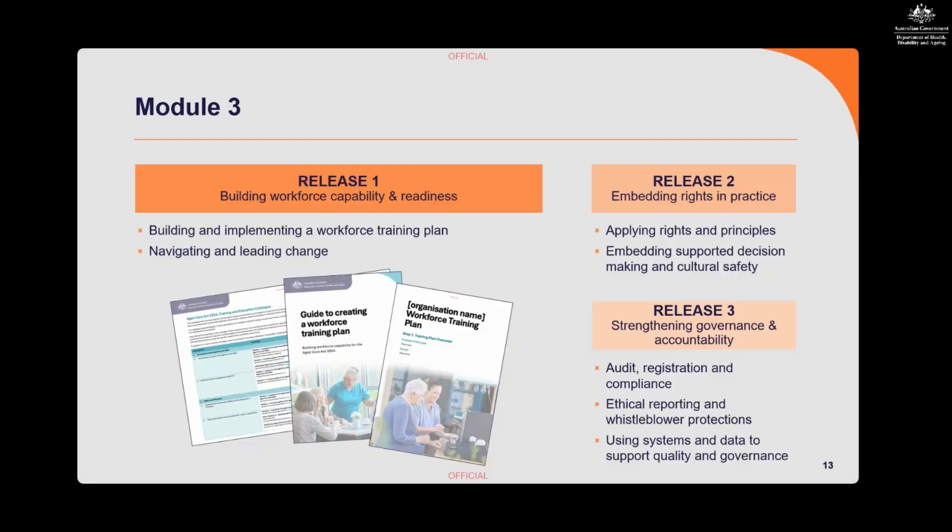With module 3, we've taken a slightly different delivery approach, and we will do the same for module 4. Module 3 will be delivered in staged micro e-learning releases. The focus for the module is about embedding best practice in the aged care system. Release 1, which is due imminently, is a toolkit style package for providers, which includes a workforce training plan.